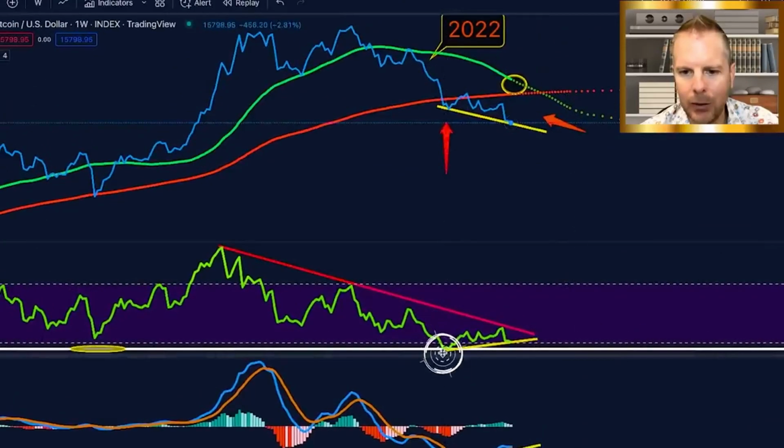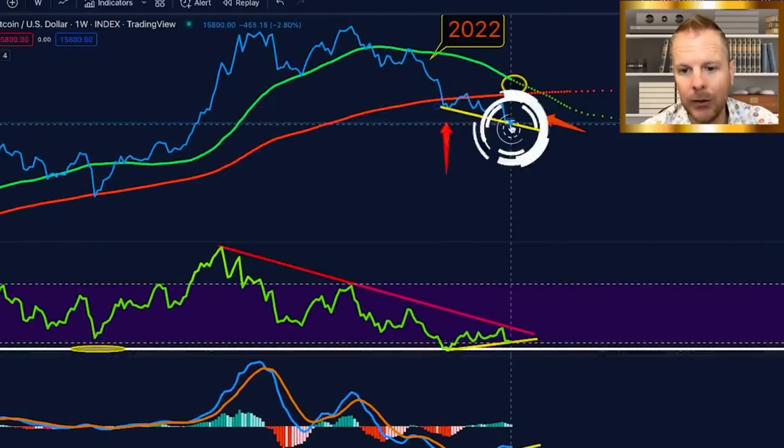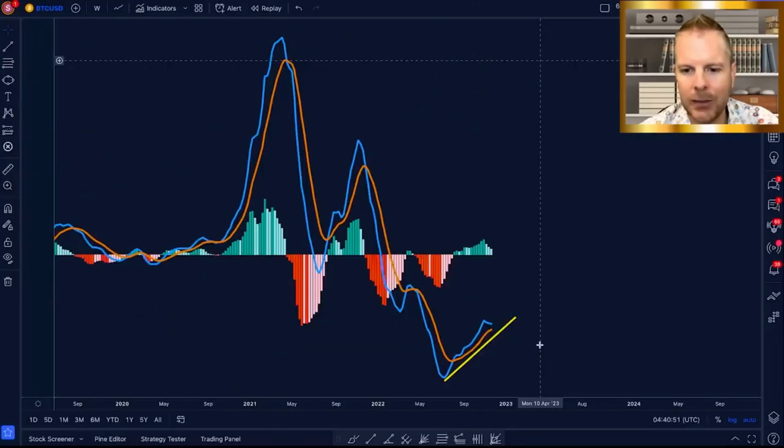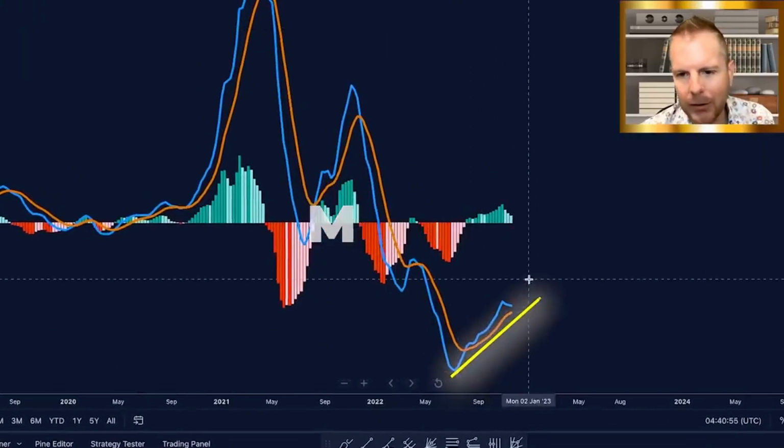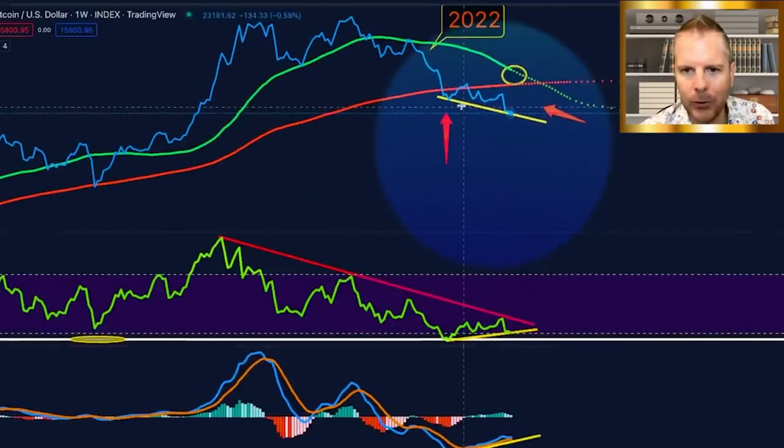So we had a low and a higher low with our RSI, and with price we had a low and a lower low. They're doing the opposite. And then we also look at the MACD. You can see the MACD is also in an uptrend, which goes completely against the downtrend of price action, right?